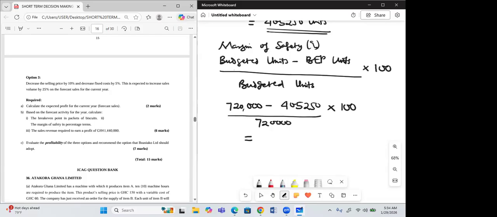What is it giving you? 44%. Exactly 44? No, 43.7. 43.72%.